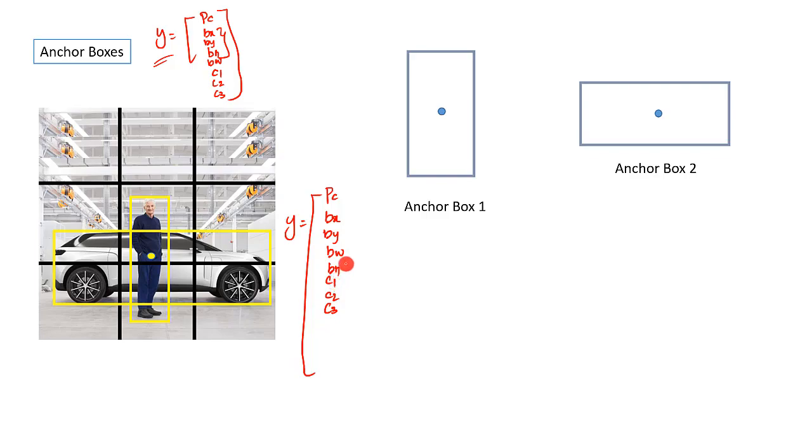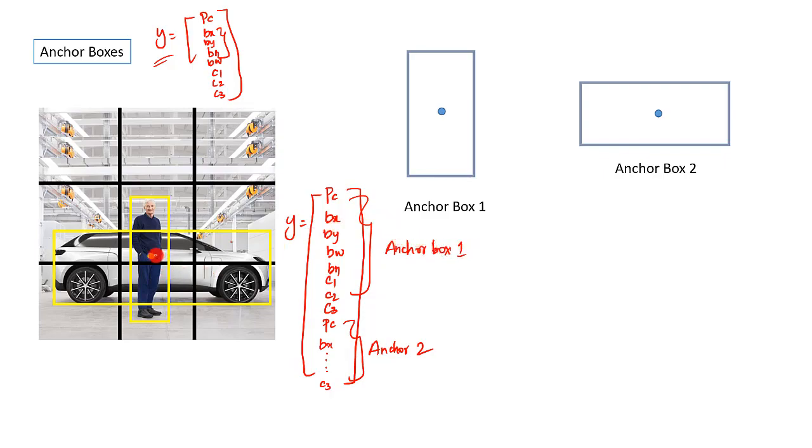Similarly, this is for anchor box 1, which is of this shape. And it again has PC, and BX, and BY, and up to C3, which is for anchor box 2. So this is for anchor box 2, and this is for anchor box 1. This is the general understanding that we should have.